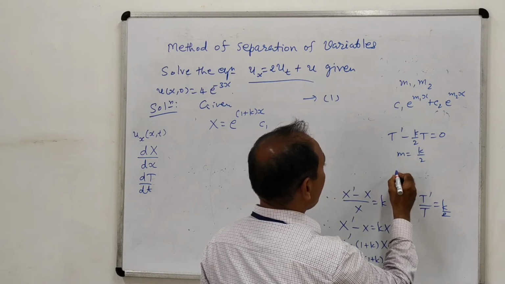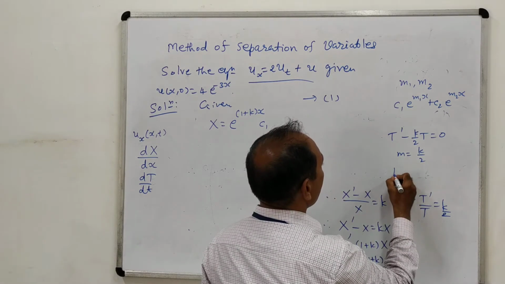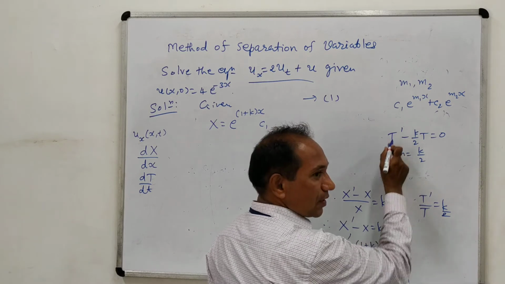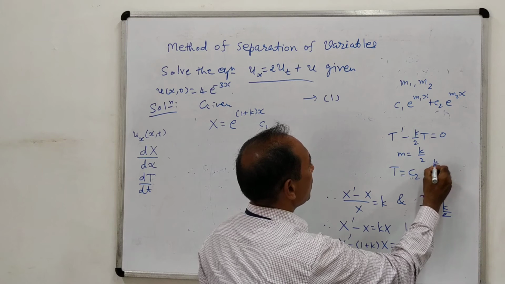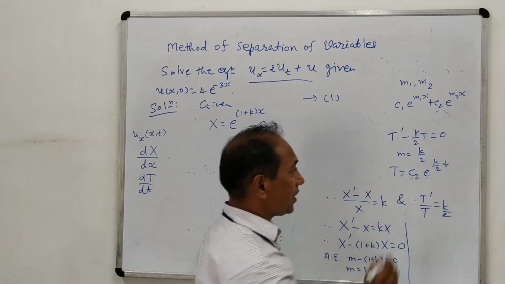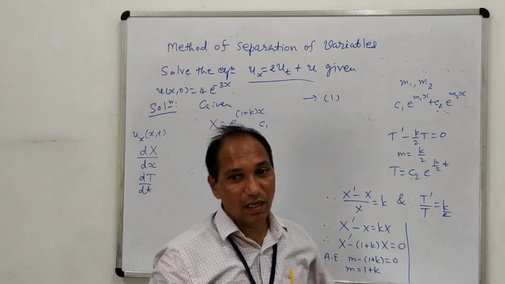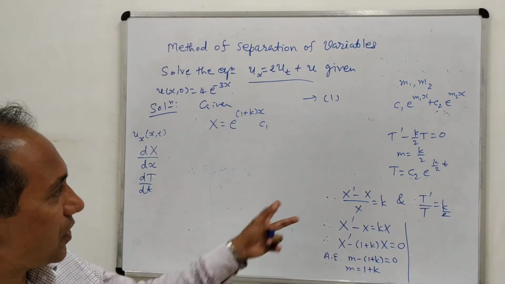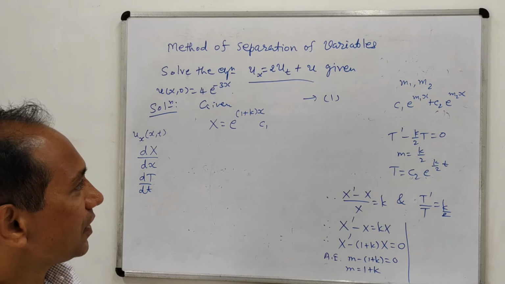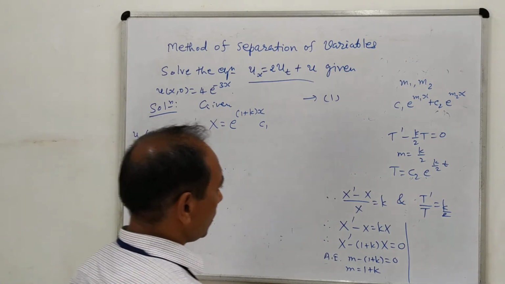So we have the solution will be capital T, because the equation is in terms of capital T, equal to C2 e raised to k by 2 into small t. See, here you don't mistakenly write small x, because this is the equation containing capital T and small t. So this is the solution.